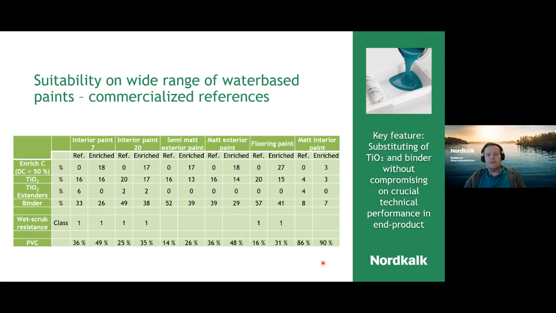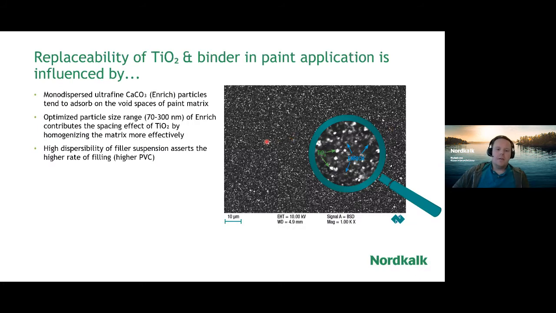So meaning that it can push this PVC limit a little bit, and you can get the same properties with the product. We saw this on video, but a little bit of repeating, where this replaceability of titanium dioxide and binder comes from.